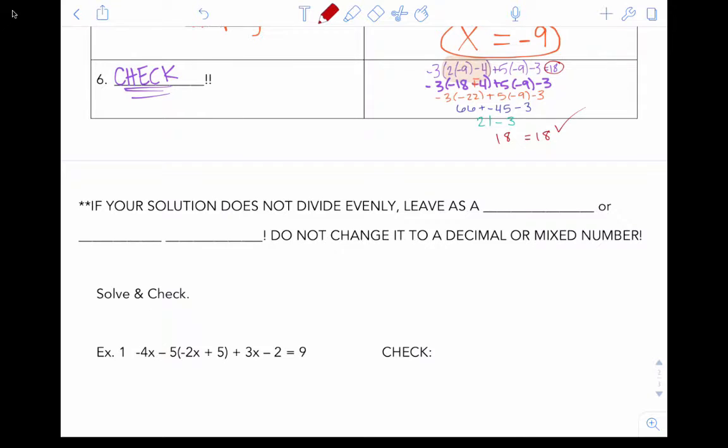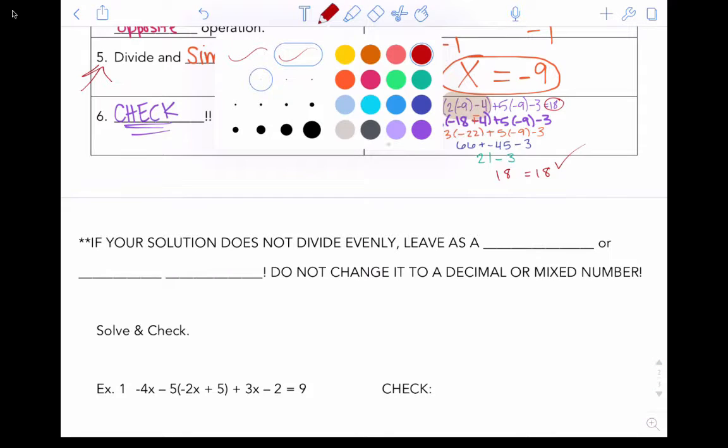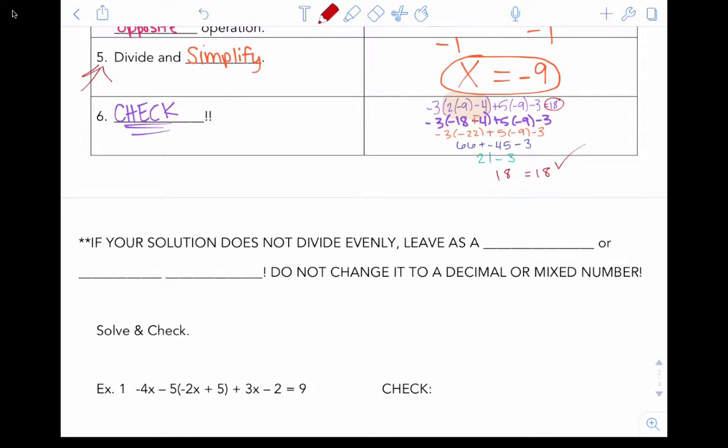One thing I want to point out is in step 5, we said we're going to divide and simplify. But sometimes it's not always going to divide out evenly. Sometimes we're going to end up with a fraction. That's okay.